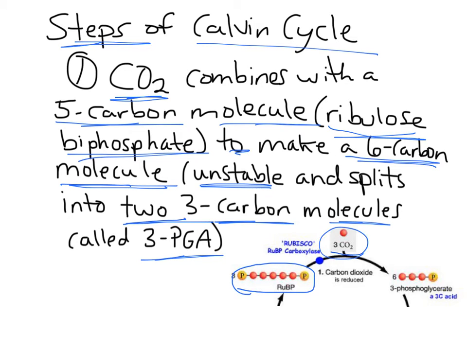Here's your CO2. They're going to come together. They're going to make this unstable 6-carbon that's going to immediately go to this 3-carbon phosphoglycerate, and there's going to be 2 of those.